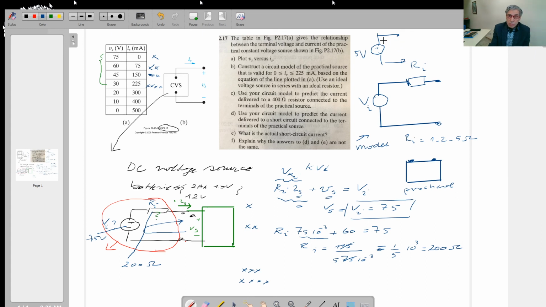If it is 1 ohm, the current that passes through here is going to be very high. But in here, it's going to be limited depending on this Ri value. So that's why there's going to be a difference. And this is related to the quality of your independent source available in the market. We call it a practical independent source. So that is the end of this example.